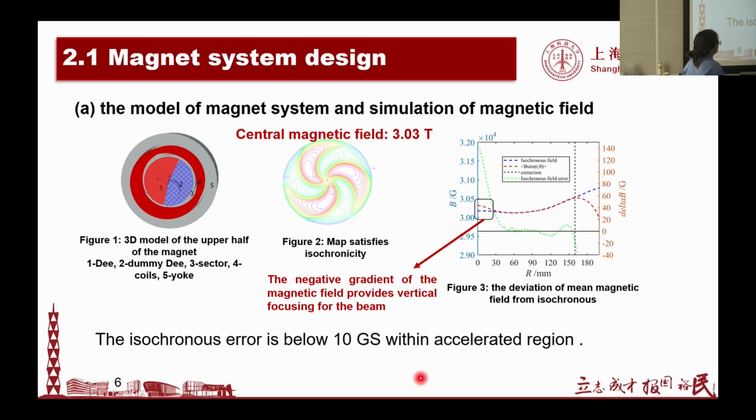It means that there is a negative gradient of the magnetic field, which will provide vertical focusing for the beam. Due to the initial beam energy being very low, the isochronous condition is less critical compared to the vertical focusing for the beam. So this isochronous error is acceptable in this region. By the way, this region is called the central region.